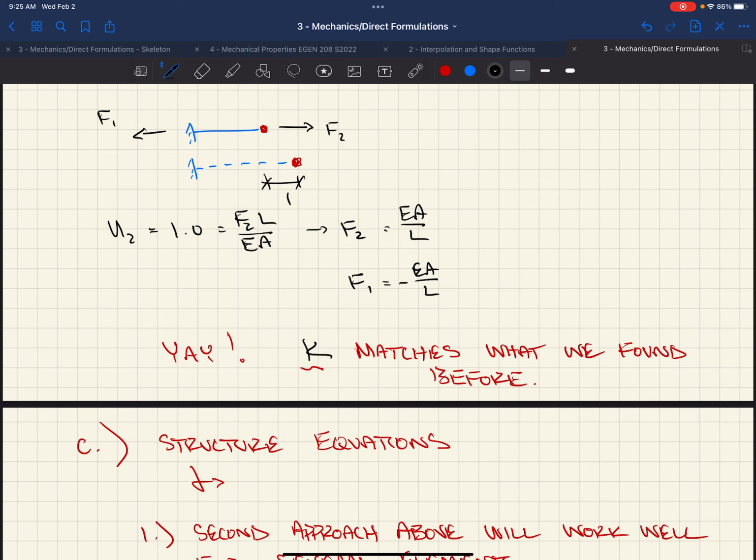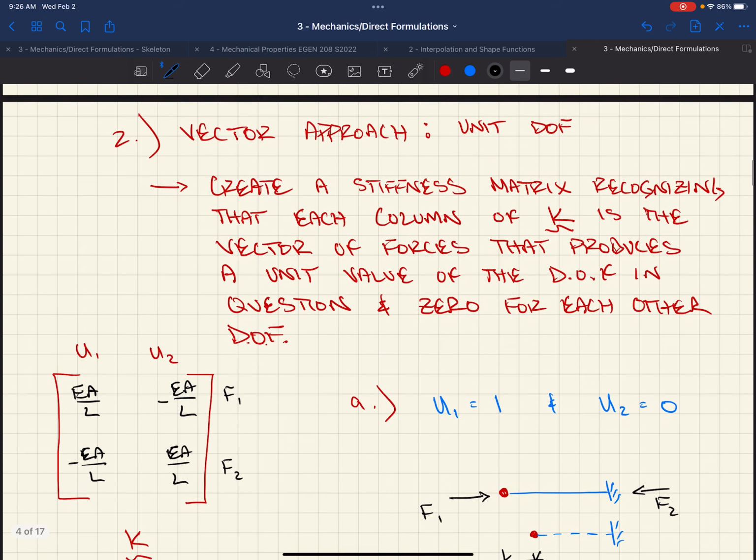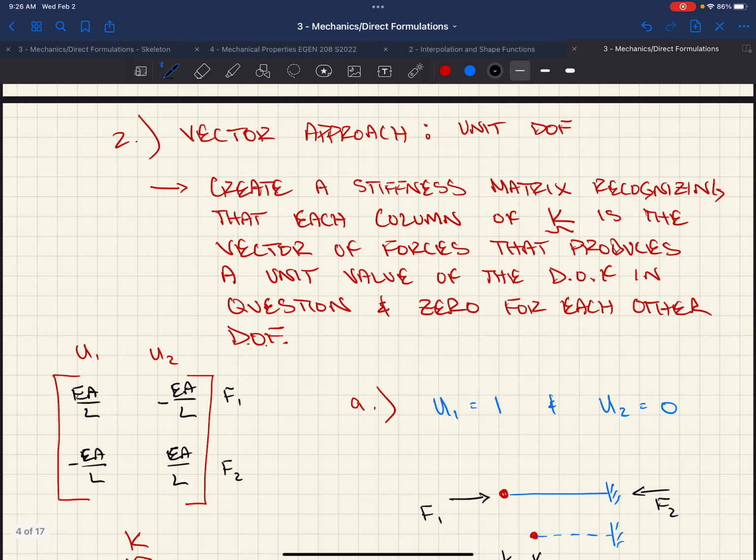So we can do this the same way: equilibrium attached to each one of the nodes, or we can step back and use our vector, unit degree of freedom approach, and come up with the same answer.